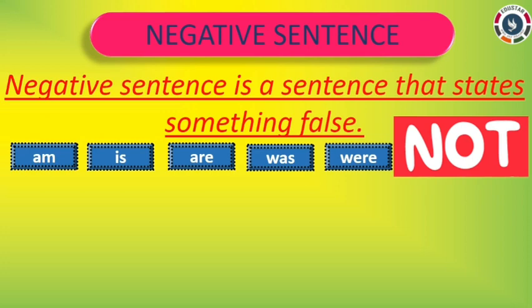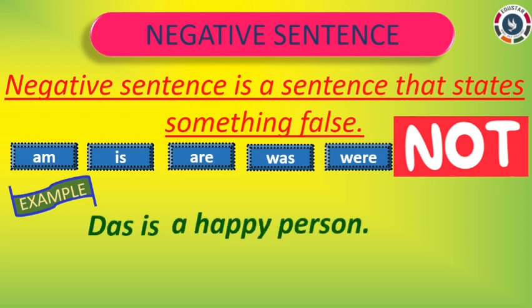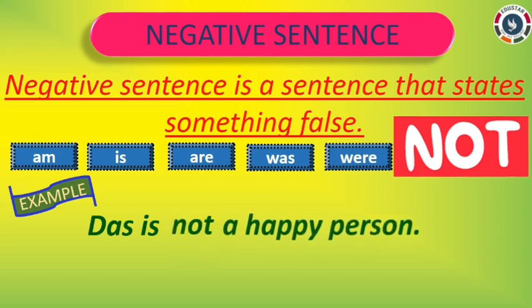Now let us take the same positive sentences for example. Das is a happy person. To make this sentence false, we add not. Now read this sentence. Das is not a happy person. You might have noted that we add not after the helping verb is.